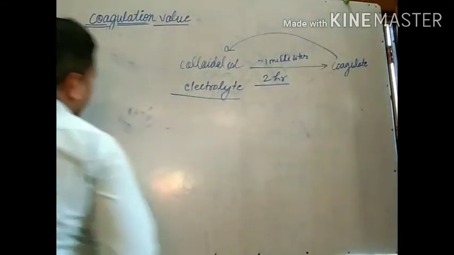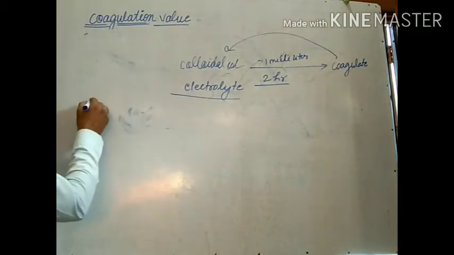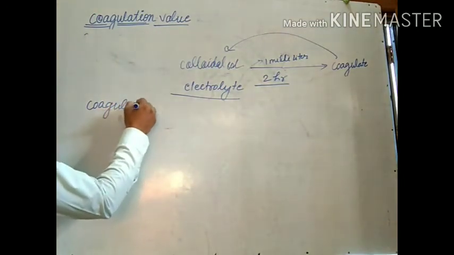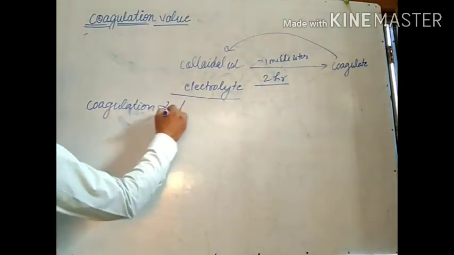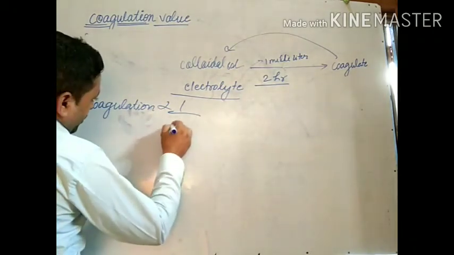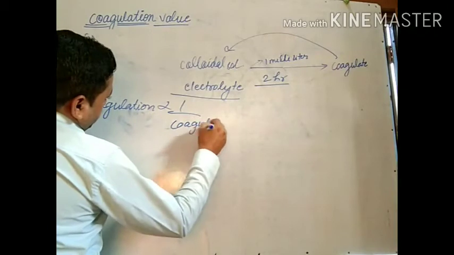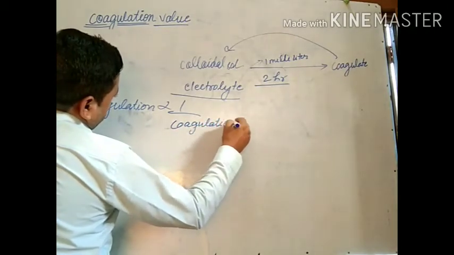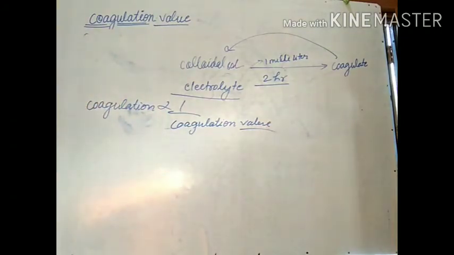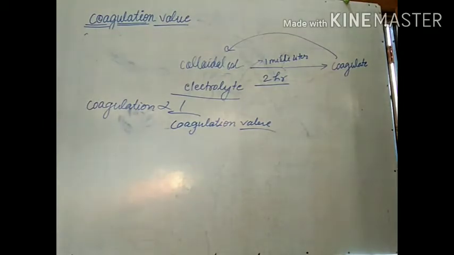And coagulation value is inversely related to coagulation power. If coagulation value is less, that will coagulate the colloidal solution very easily. So here we have discussed the coagulation value.